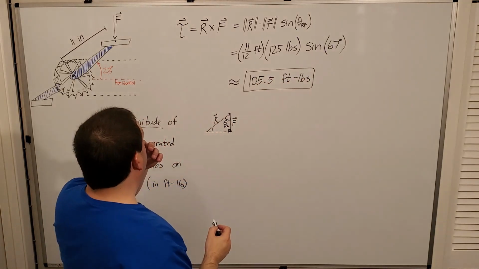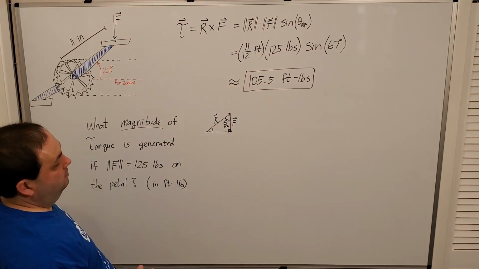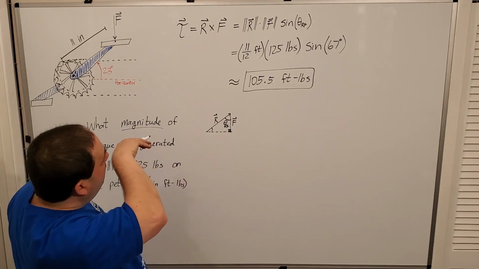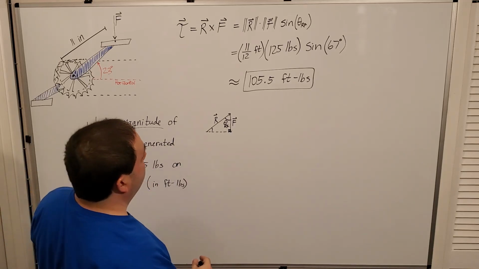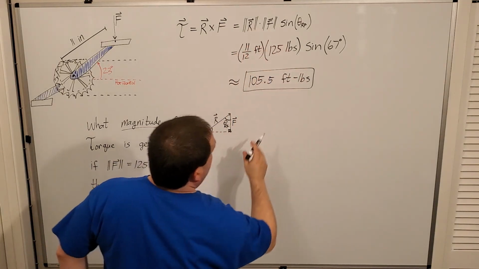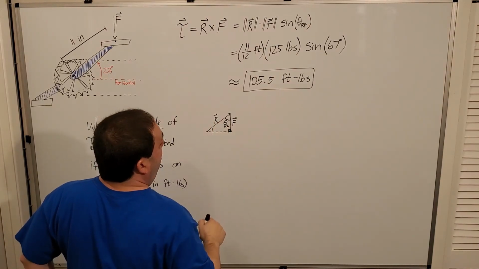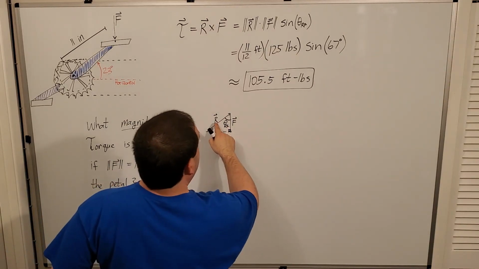Now, what if you had to do the cross product, right? You would actually have to create these vectors and do the cross product to find the torque. So this is actually the better way to do the problem, but incidentally, you could actually create the r and f vectors.